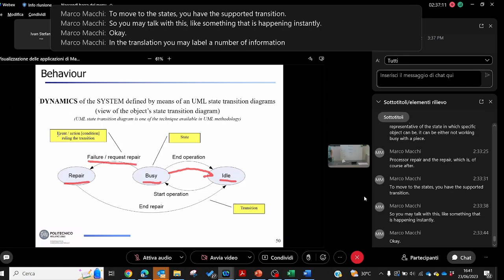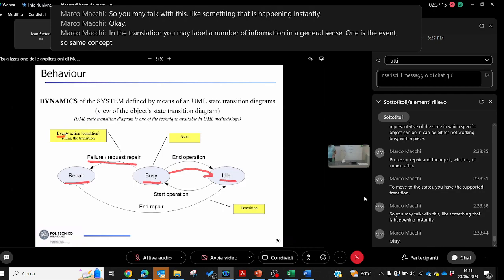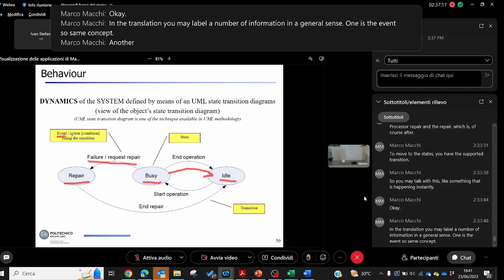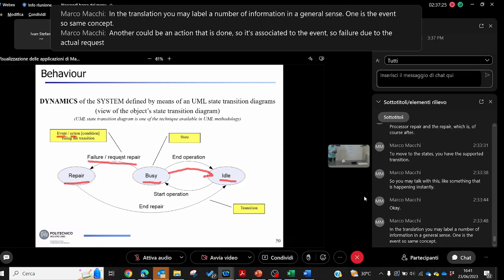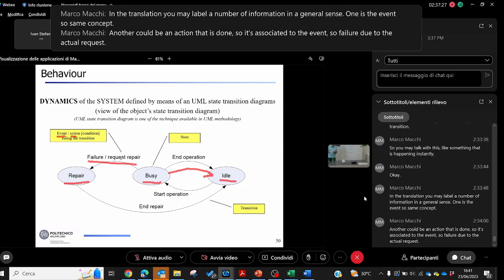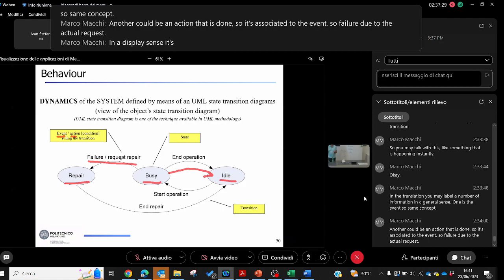In a general sense, one is the event, the same concept as discussed. Another could be an action that is done, associated to the event. So on failure, you do the action of requesting repair. In a discrete sense, it's done in the transition. Of course, it requires some time, but it's discretized in the transition.